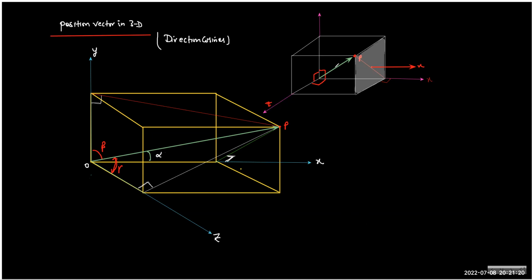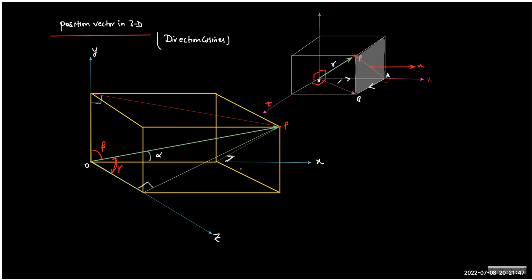How to represent the R vector? It's very simple. Try to walk from O to P along the edges. You can walk like this. Let's call this A. Walk from A to B. So this vector we can define, isn't it? Which vector? The bottom one.